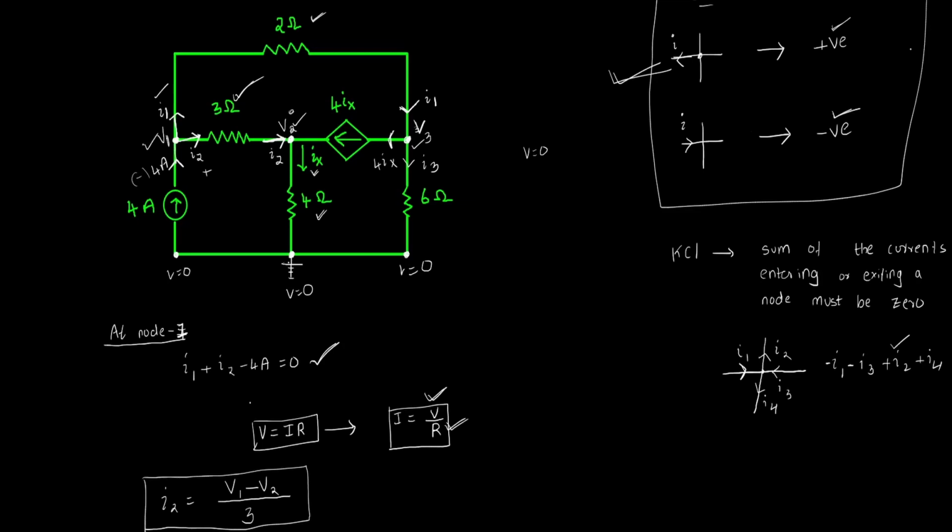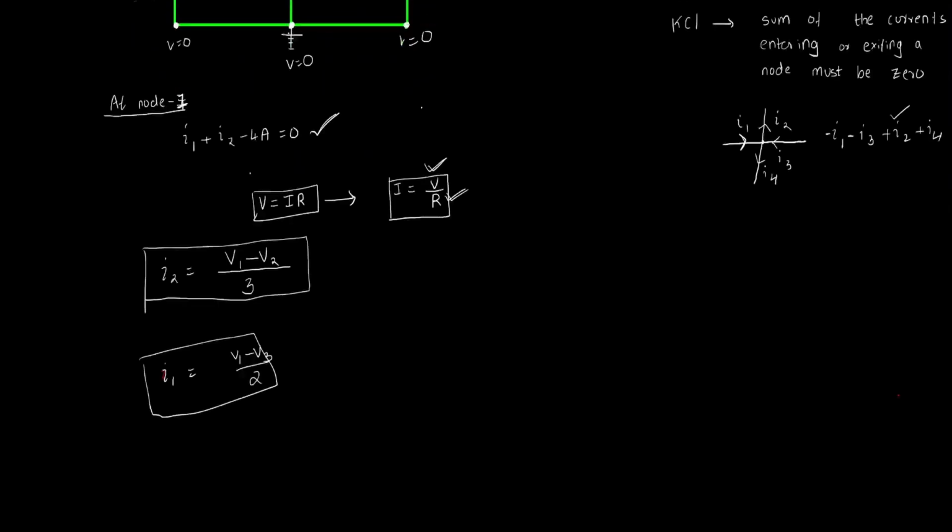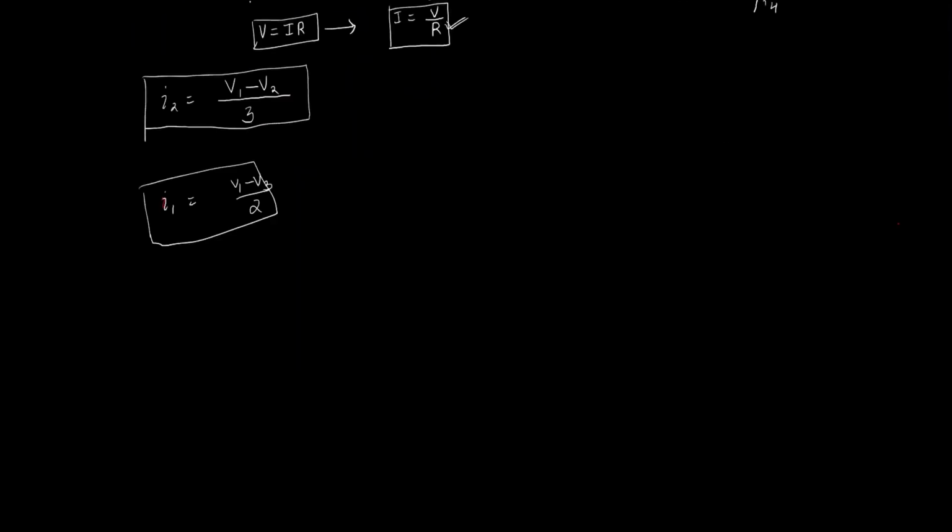So V1 must be a higher potential than V3, and we take the current I1 as V1 minus V3 by 2.